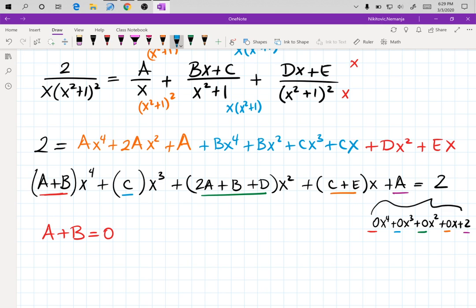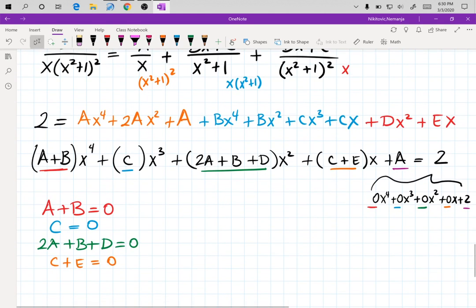Blue equation, c equals 0. Green equation, 2a plus b plus d equals 0. Orange equation, c plus e equals 0. And finally, the purple equation, a equals 2.